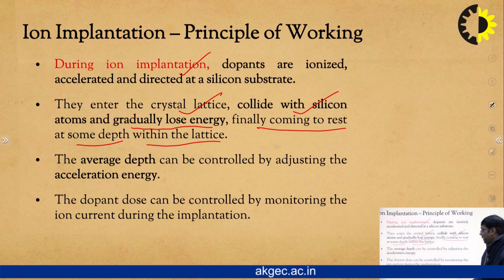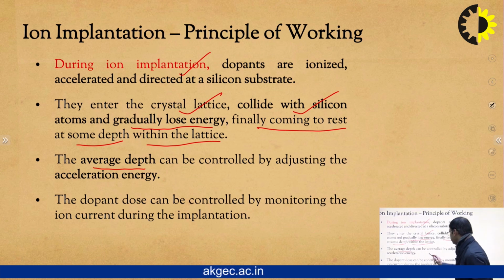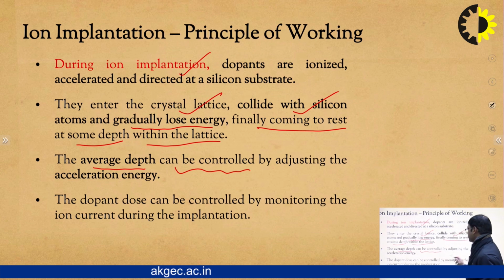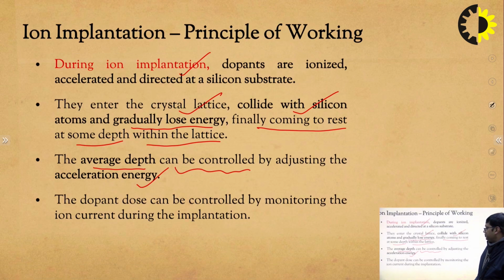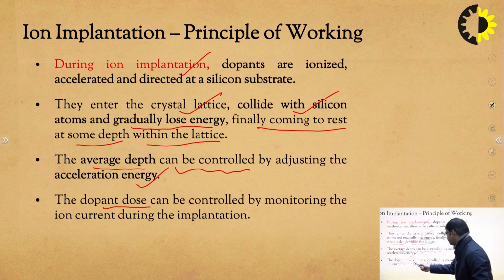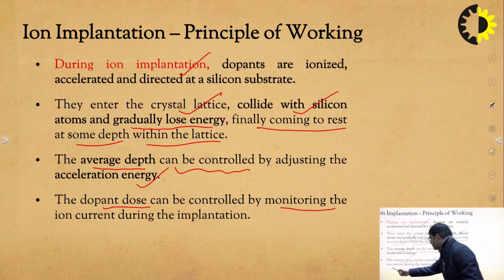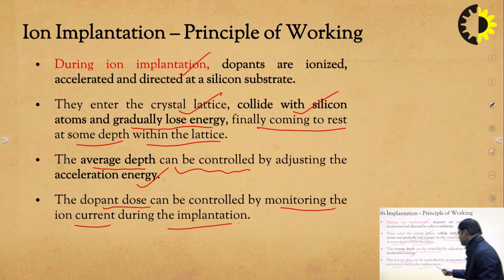The average depth can be controlled by adjusting the acceleration energy, and this acceleration energy is provided by the acceleration tube. Also, the dopant dose can be controlled by monitoring the ion current during the implantation process.